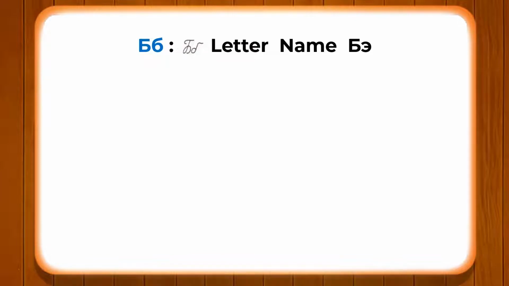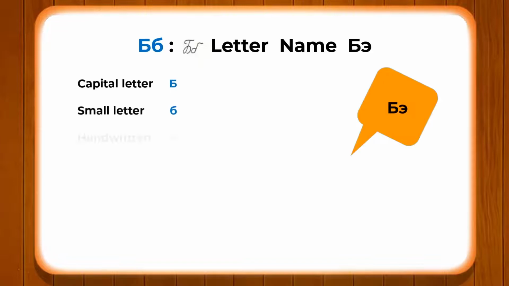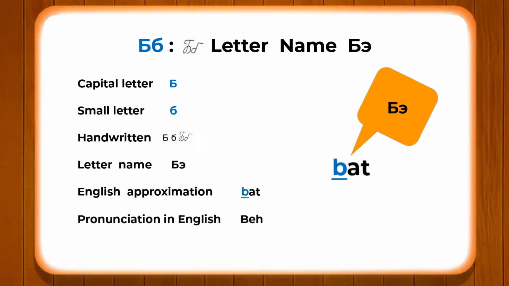The letter is known as ba. As an English approximation, the word is bat. Here you can see that the sound of ba in bat resembles the sound of the Russian letter ba.